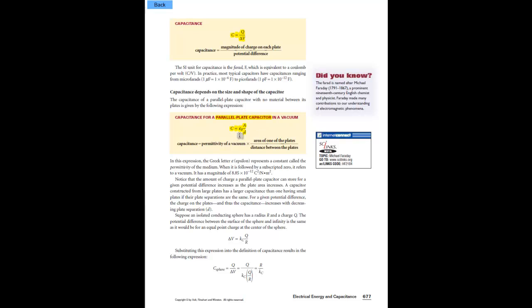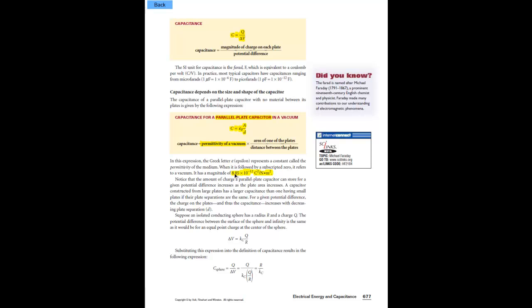And this value is called epsilon sub 0. Epsilon sub 0 is the permittivity of a vacuum. This is a permittivity constant. The little 0 tells me it's specific for a vacuum. Without the 0, it would be for any substance out there. It does have a value. It is a constant. It will be given to you on a formula sheet, but don't confuse it with Coulomb's constant.